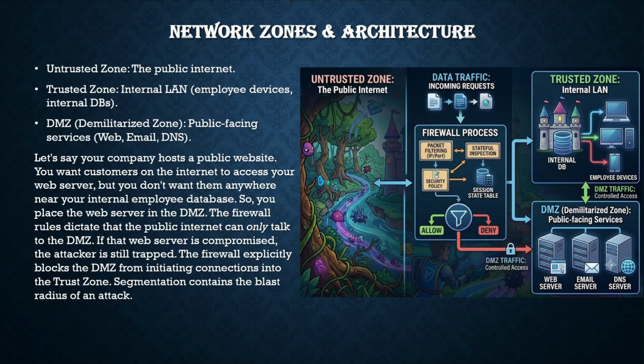The firewall rules dictate that the public internet can only talk to the DMZ. If that web server is compromised, the attacker is still trapped. The firewall explicitly blocks initiating connections into the trusted zone. The segmentation contains the blast radius of the attack.